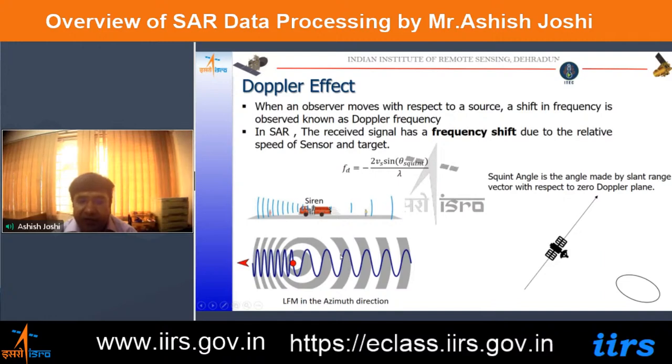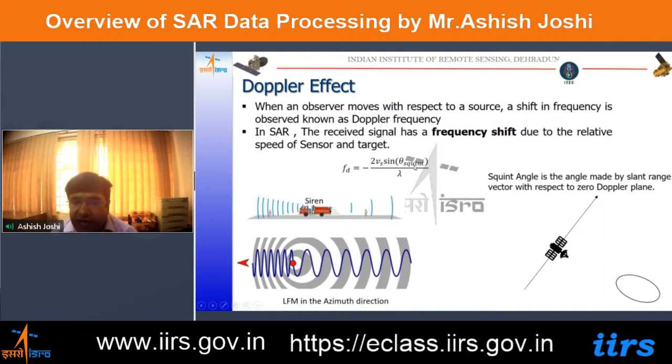In the range direction, the LFM is achieved by transmitting the signal, but in the azimuth direction it comes from the motion of the SAR and the Doppler effect. This Doppler shift is given by 2Vs sin(theta squint) by lambda.